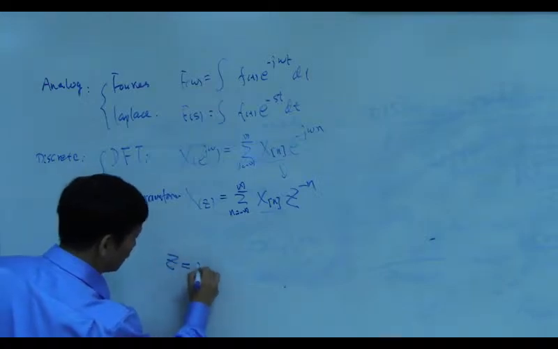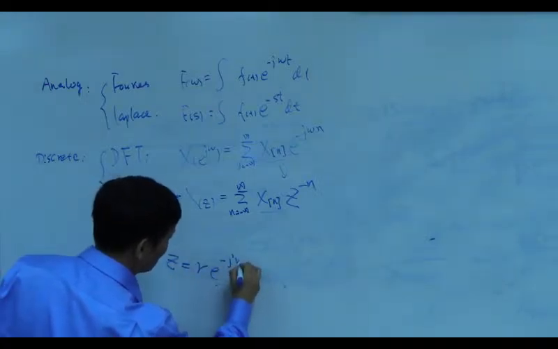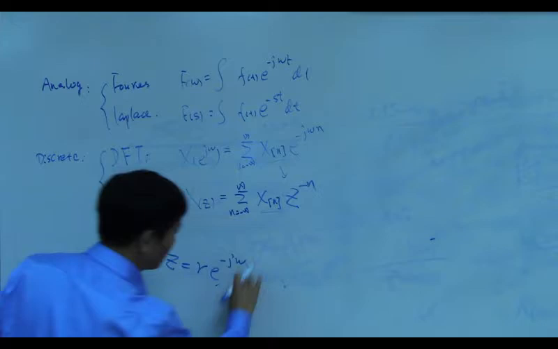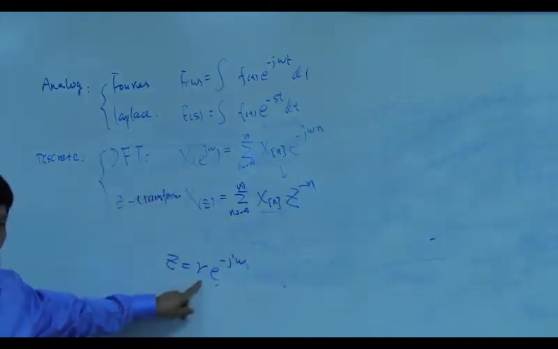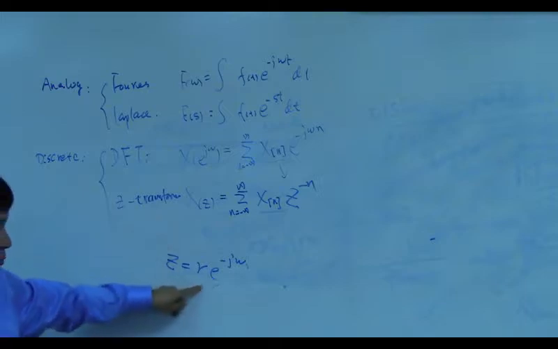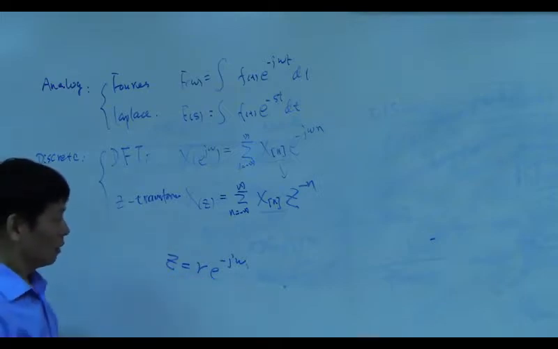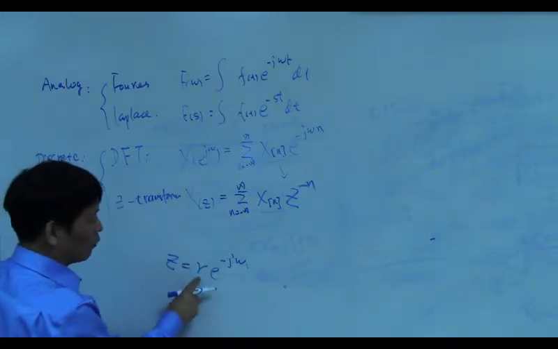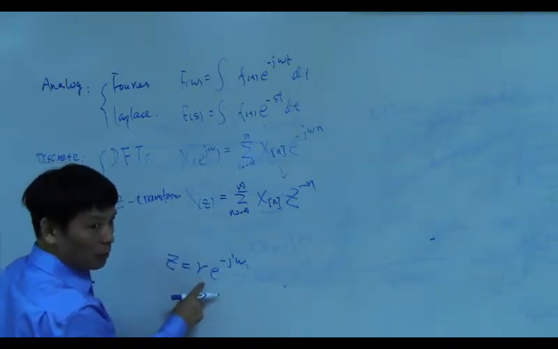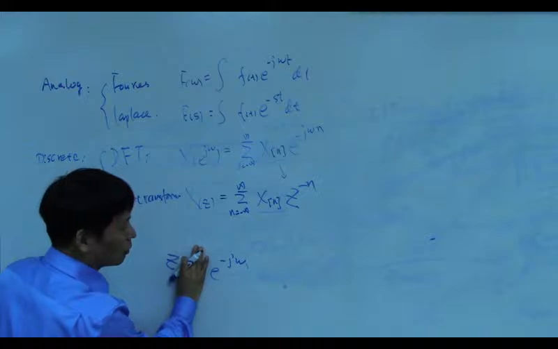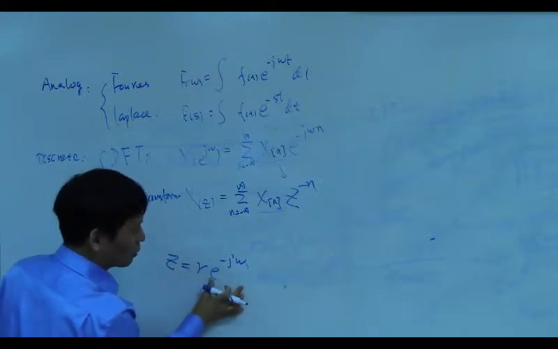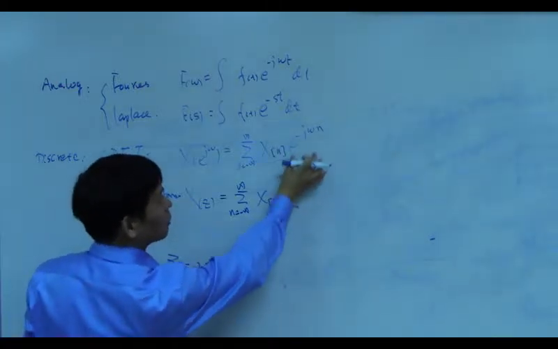Recall that z equals r e to the j omega. If r equals 1, the r part is gone, and then z is just e to the j omega.